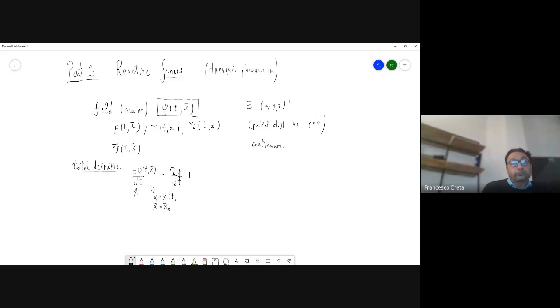So in this particular case, if we want to take the most general expression, well, then you'll have to consider the derivative of phi with respect to x, which is nothing else but the gradient of phi, which is a vector, and then multiplied, so in this case it's a scalar product, with what?